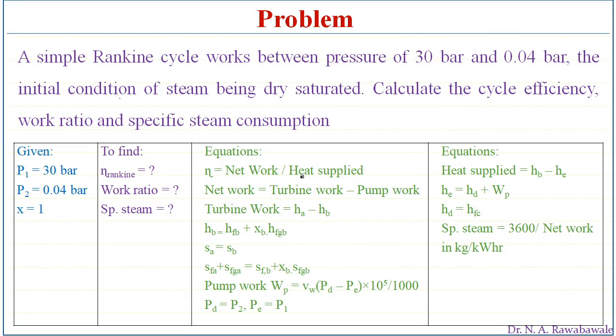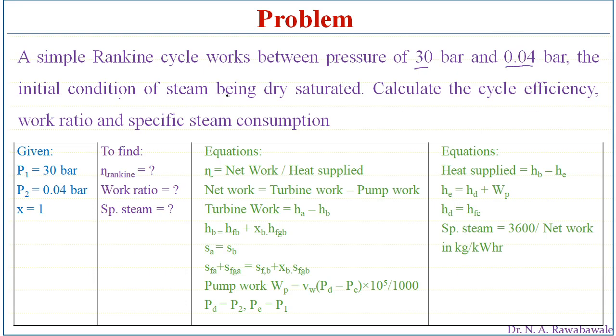So let us see one of the problems on the Rankine cycle. A simple Rankine cycle works between a pressure of 30 bar and a condenser pressure of 0.04 bar.